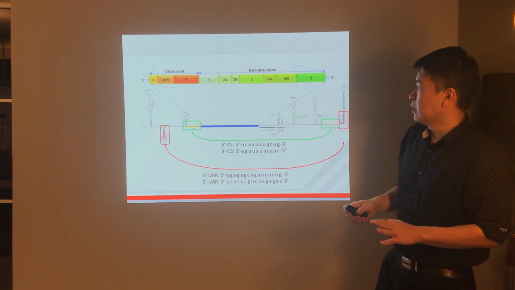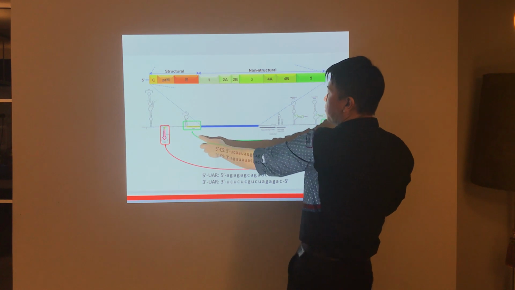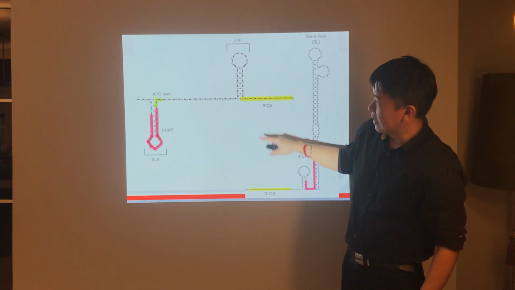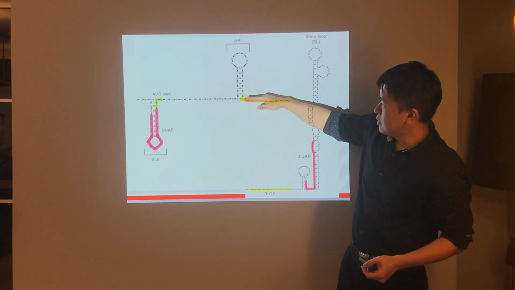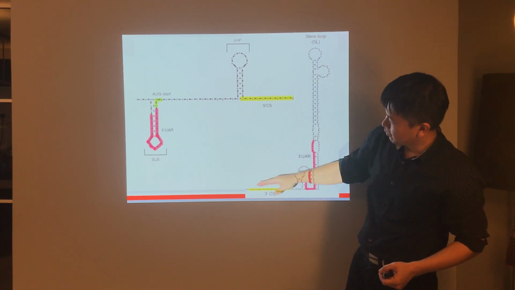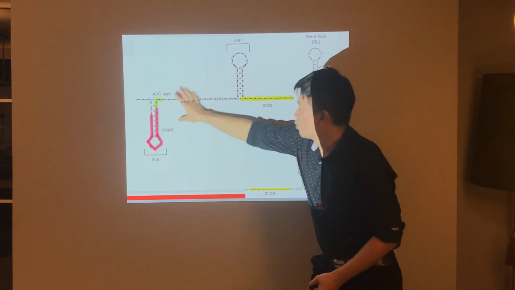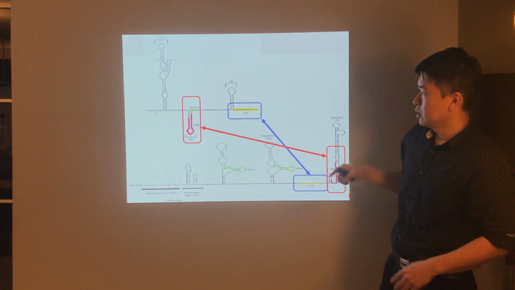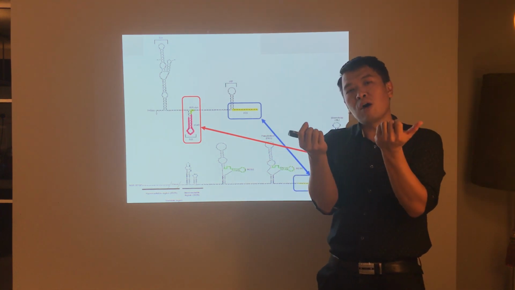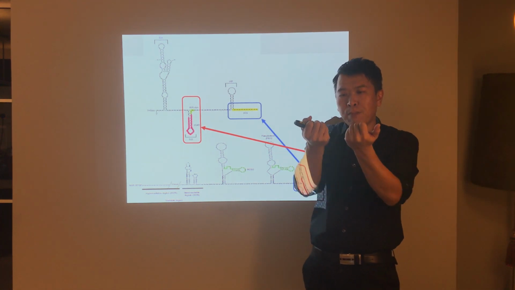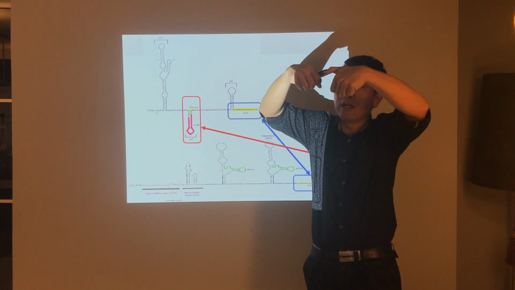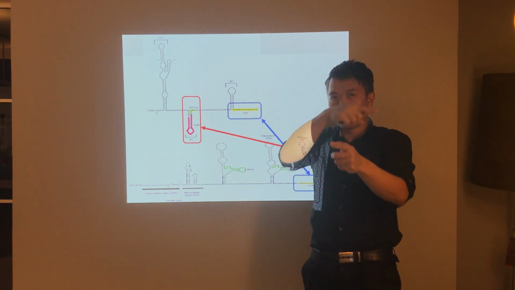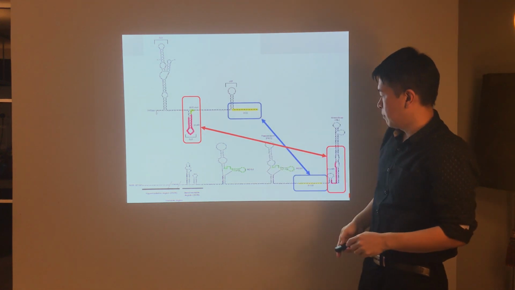Because they are complementary to each other, when we enlarge here, this sequence will form a complement, and this will come into here and form a complement to the 3' end. When they are complementary to each other, it sort of bends the whole RNA and locks it into a circular shape.